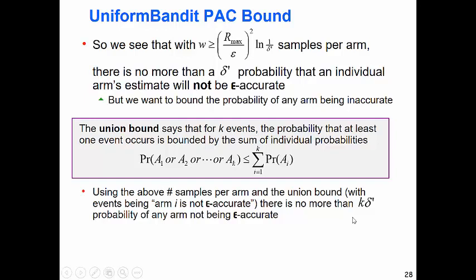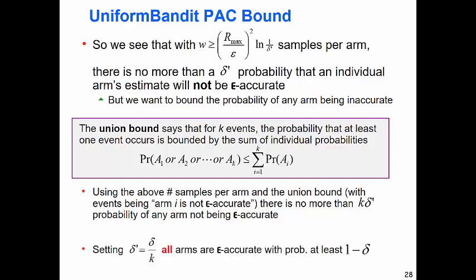So if we have k arms, and each arm is guaranteed to have an error rate lower than delta prime, then as a group, k delta prime is a guarantee on the error rate of the group, okay? And that means that if we pick delta prime to be delta over k, then all the arms are going to be epsilon accurate with probability 1 minus delta.